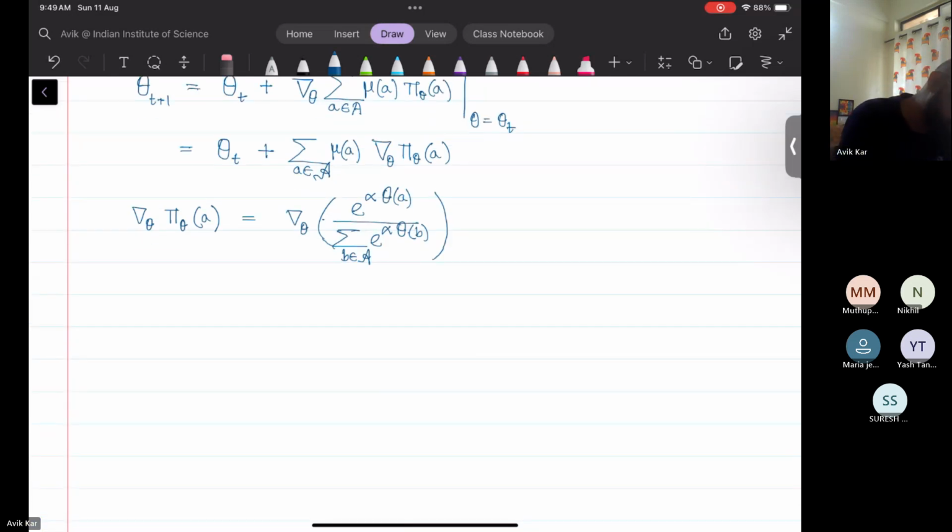If you are familiar with multivariable calculus, you'll know that if theta equals theta 1 and theta 2, then the gradient of some function f of theta is basically del f by del theta 1 and del f by del theta 2.